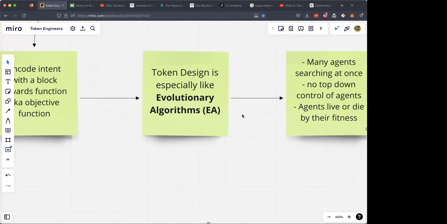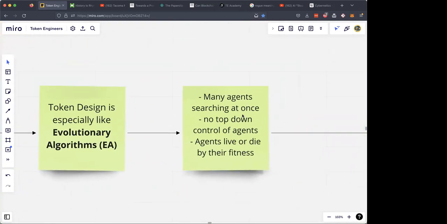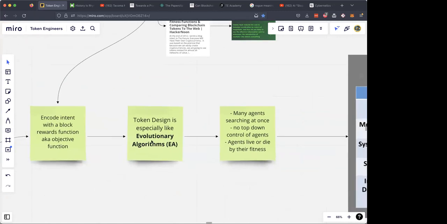You have many agents searching at once, and they do random mutations. Some of the mutations are better at solving the problem, so they have a metric that gives you a better number. You kill the ones that don't do well, and you make sure the ones that do well live on. And that's an evolutionary algorithm, just like evolution.